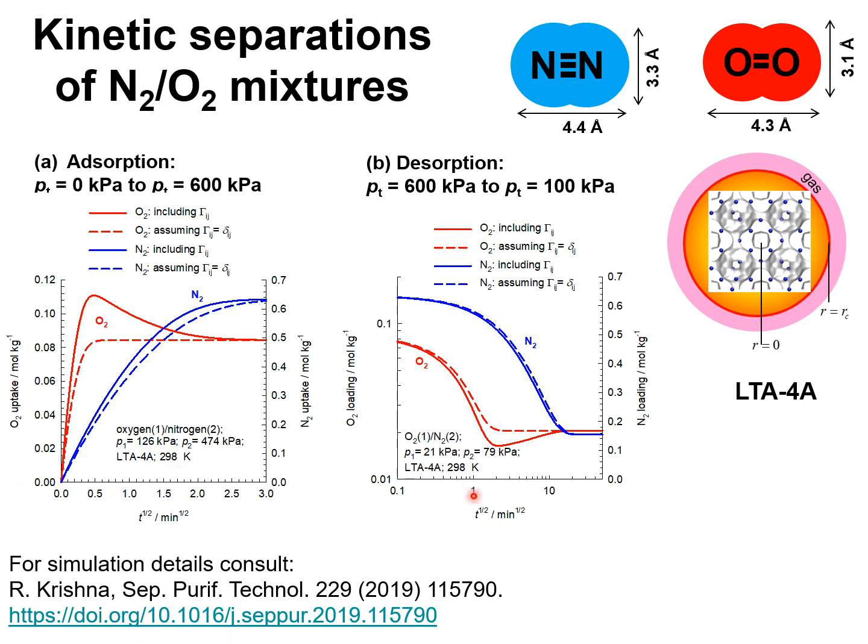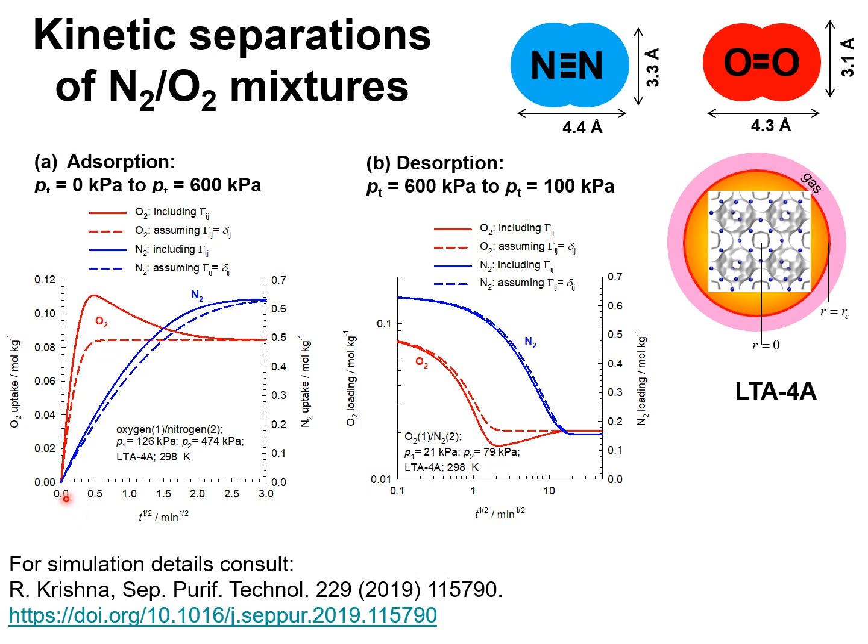I show two graphs, the left one showing the transient uptake kinetics, the right one showing the transient desorption kinetics. In the uptake kinetics, a crystallite of LTA4A is exposed to an environment at a total pressure of 600 kilopascals, containing 21% oxygen and 79% nitrogen.